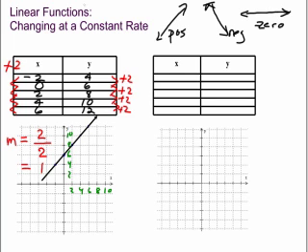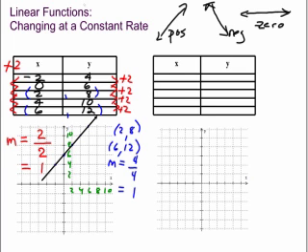Linear function. It turns out it doesn't really matter which set of ordered pairs you use. So for example, I'm just going to pick these 2 points, 2, 8, and 6, 12. If I were to do the slope or look at the change in the rise and the run here, I would get up by 4 over 4, which also reduces to a slope of 1.